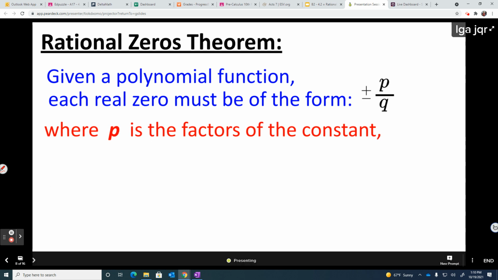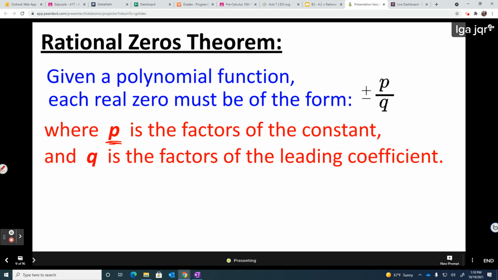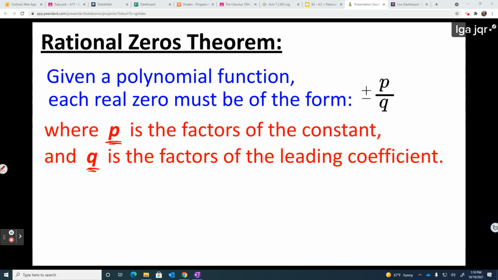So p is the factors of the constant. So find the constant, and we're going to list all the factors of that constant. That's going to be our p values. And our q values come from the factors of the leading coefficient. So p are the factors of the constant, and q are the factors of the leading coefficient. That's where we get our p's and q's.